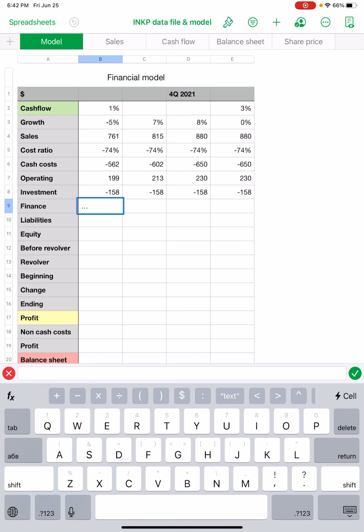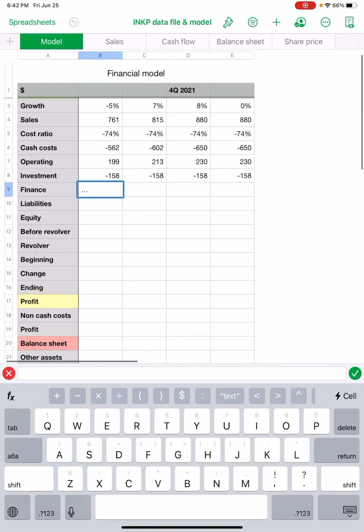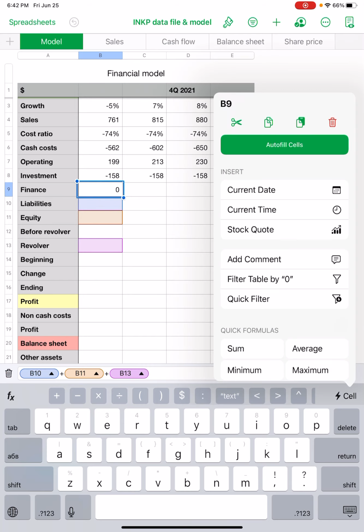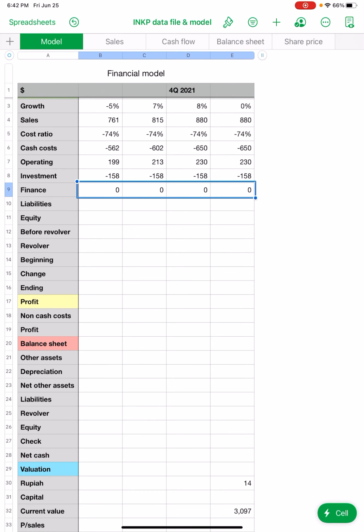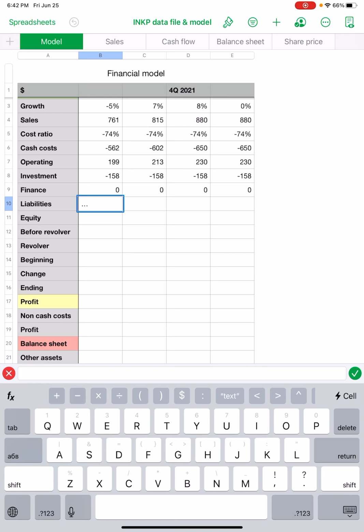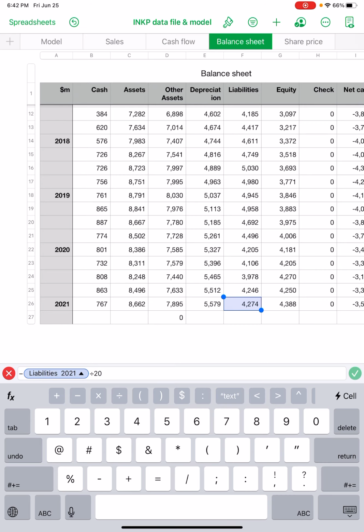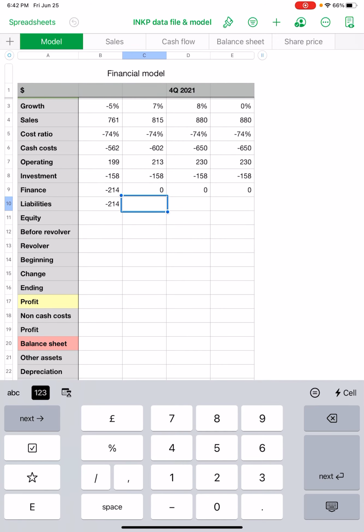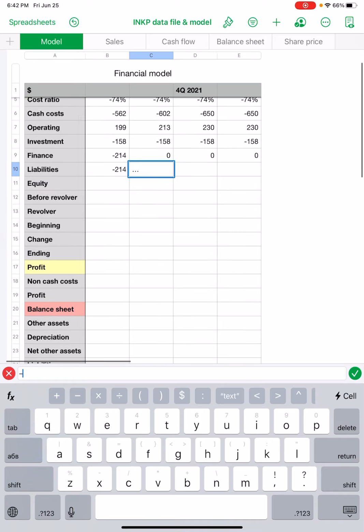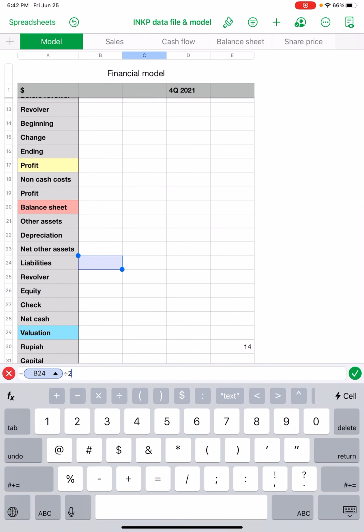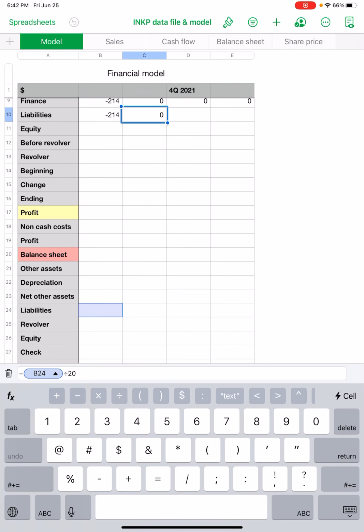And then the financial cash flow is going to be the liability payments, the equity payments, and this revolver. We've got a revolving credit facility. For liabilities, we assume they're paid over 20 quarters or 5 years. And then the next one is going to be the next liability, same thing, 20 quarters.